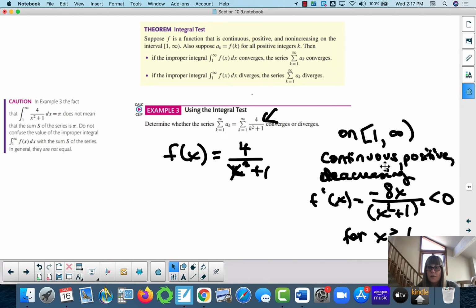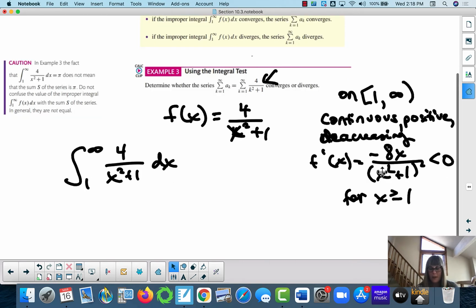But once we know this is true, that the function is continuous, positive, and decreasing, then we can set up the integral. So we say 1 to infinity, we're doing an improper integral, 4 over x squared plus 1 dx. Then to do the improper integral, remember that we change this to the limit as b approaches infinity and make this 1 to b.